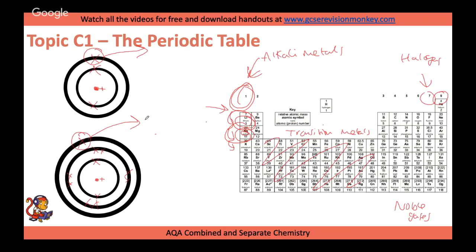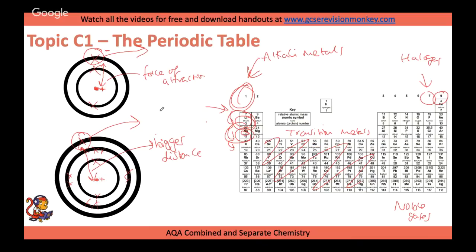So they lose 1. Now, the trouble is, electrons are negatively charged and protons are positively charged. So at the moment, there's a force of attraction holding those together. Now, if you get a bigger atom, like so, there's a bigger distance between the positively charged nucleus and the negatively charged electron. This is all the information you need to get down in the exam. Okay, bigger distance between the positively charged nucleus and the negatively charged electron.